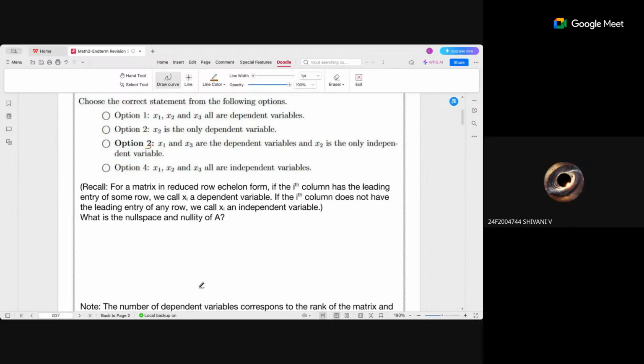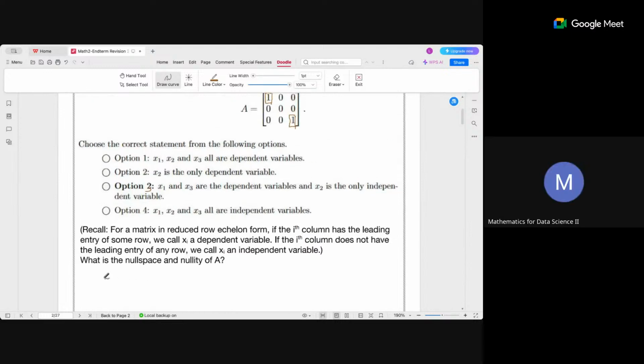Now for this matrix A, what is the null space and nullity of A? How do you find the null space? For finding the null space, you need to consider Ax is equal to 0. So you consider the matrix with rows 1, 0, 0, 0, 0, 0, 0, 0, 1 times x1, x2, x3 equal to 0.